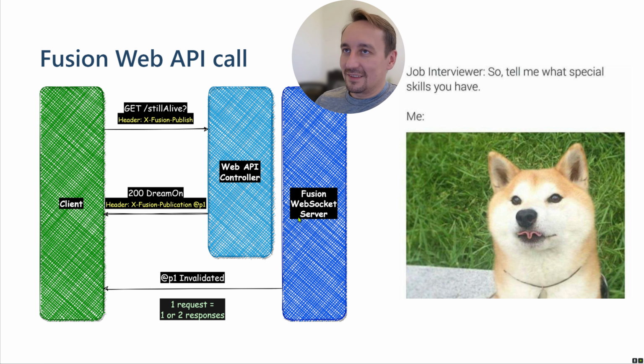All of this seems pretty weird if you don't know much about Fusion, but if you know about Fusion, then it is very logical. It needs one other message to indicate that a certain value is expired or stale or invalidated, and that's how it gets this message.